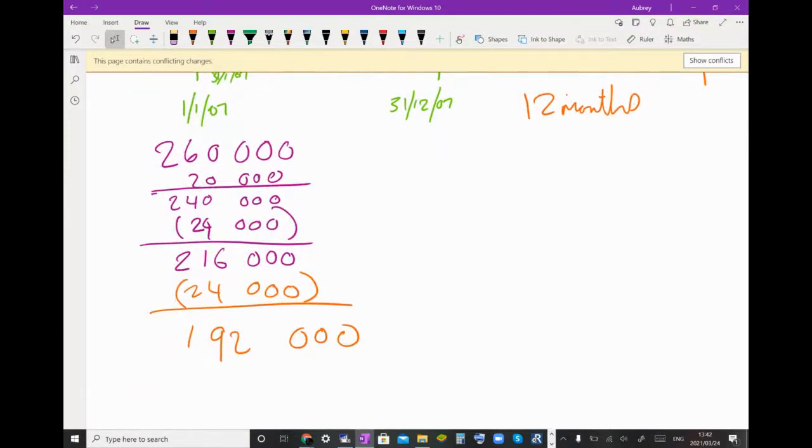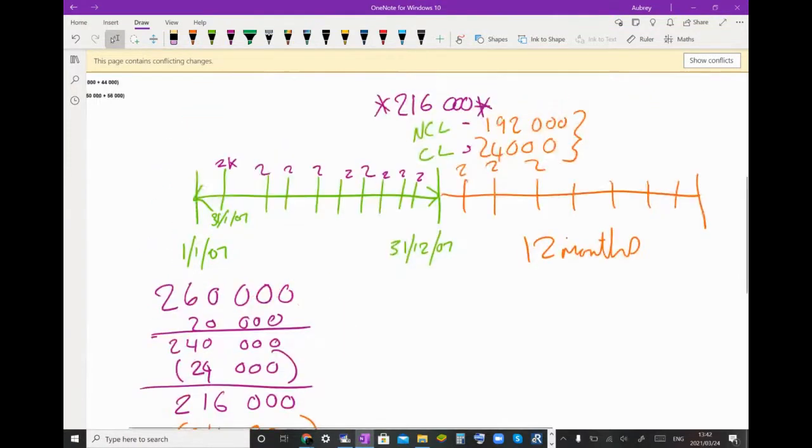First things first. What did they ask us to do? They asked us to break down the non-current liabilities and the current liabilities as at 31 December 2007. So we did our timeline, then we said, how much did we owe at the beginning of this financial period?